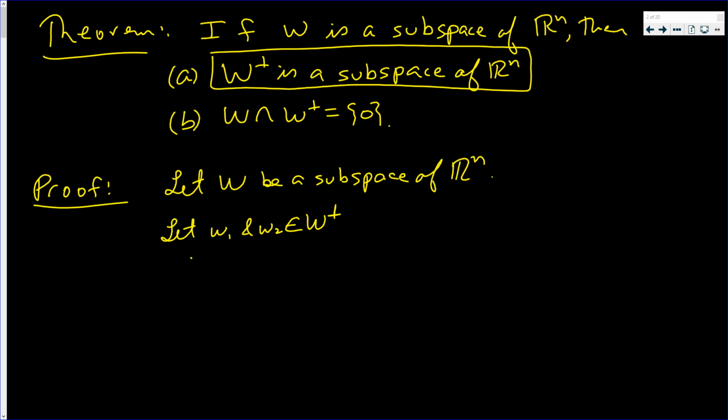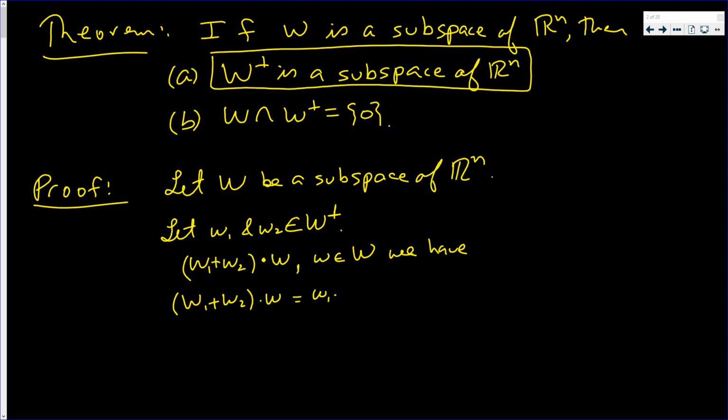So the question is, is W1 plus W2 in W perpendicular? So if I dot this with some W in W, we have W1 plus W2 dotted with W. Well, this is W1 dot W plus W2 dot W. But W1 is in W perpendicular, and by definition, when I dot it with something in W, I'm supposed to get 0.